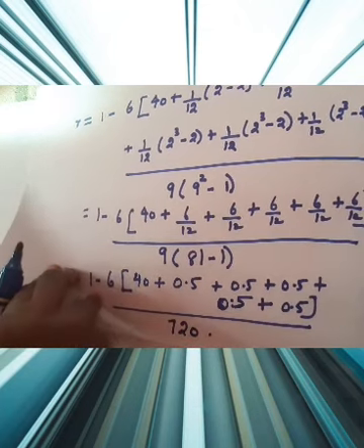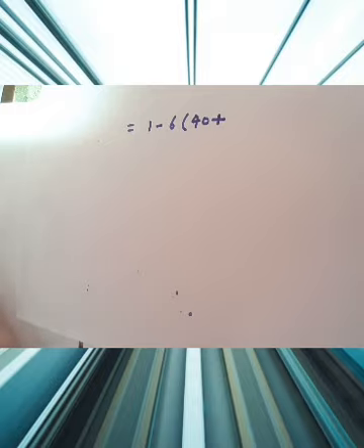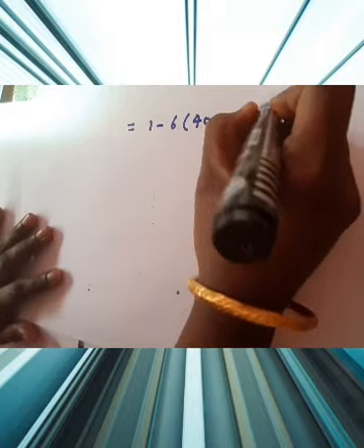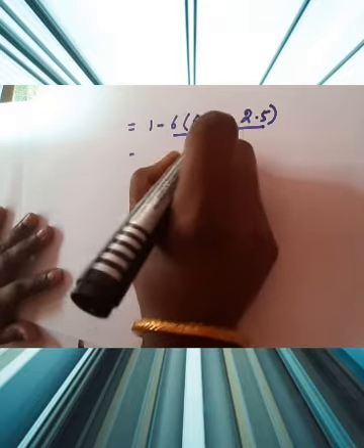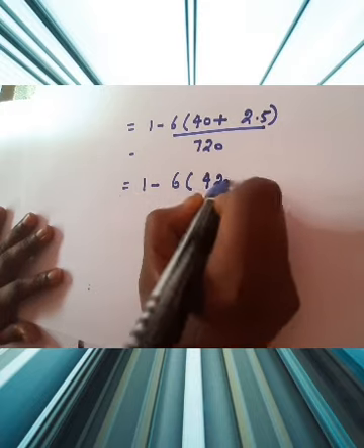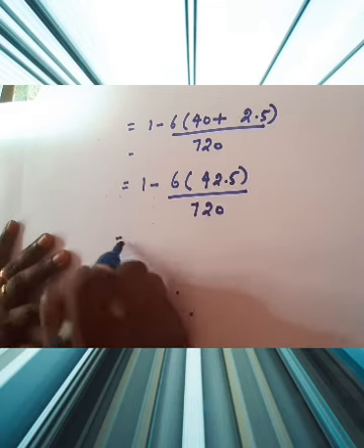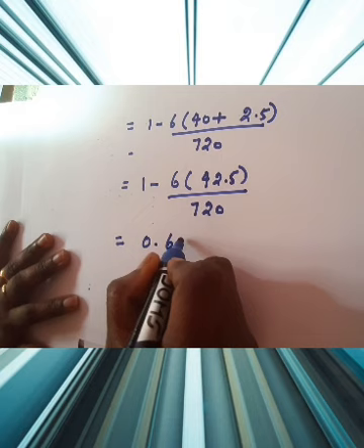Which in turn is equal to 1 minus 6 times 40 plus 2.5, divided by 720. So 1 minus 6 into 42.5 divided by 720. After simplifying this, you'll be getting around 0.65.